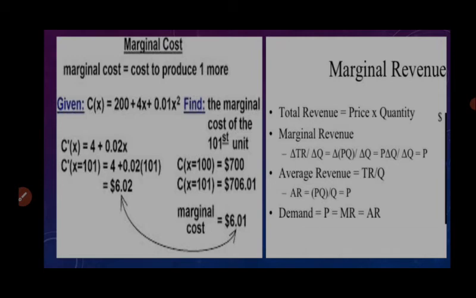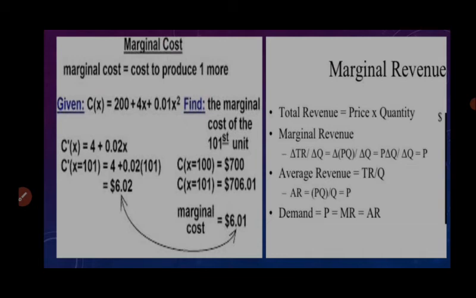Price into quantity. So marginal revenue is equal to the differentiation of total revenue, and that only is equal to d(PQ) by dQ. Average revenue is total revenue by Q, AR.